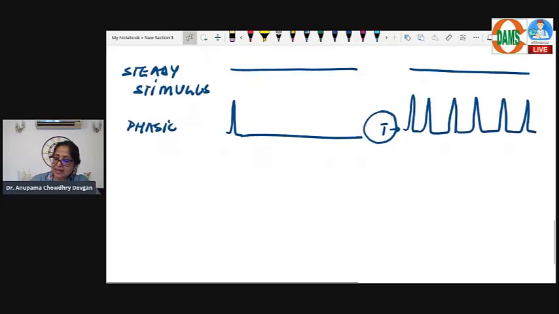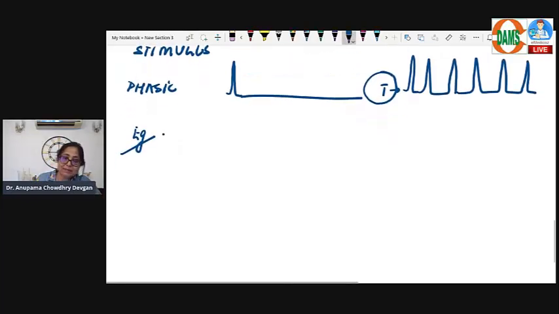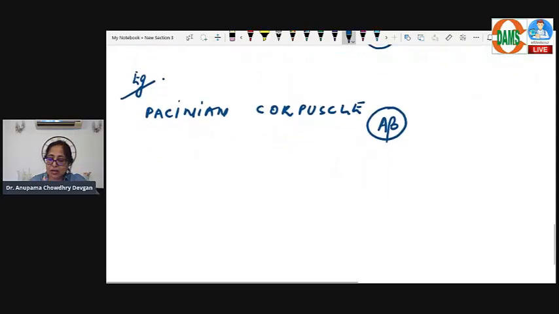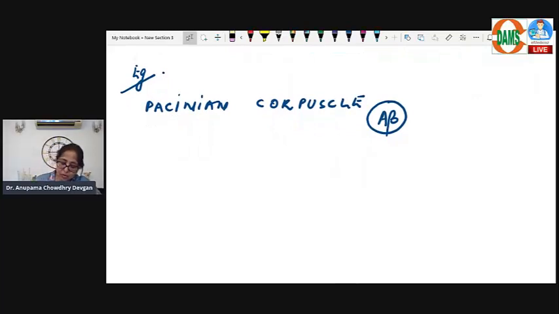Now, what are the examples of rapidly adapting receptors? Let's say the Pacinian corpuscle. Pacinian corpuscle is a rapidly adapting receptor. The nerve fiber associated with the Pacinian corpuscle is A beta. What does a Pacinian corpuscle look like?